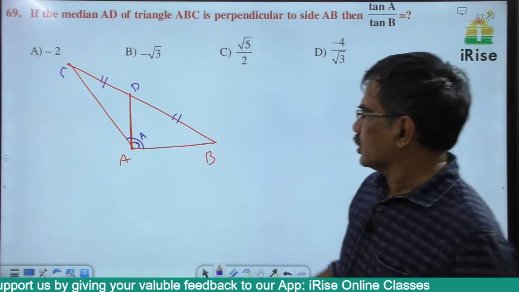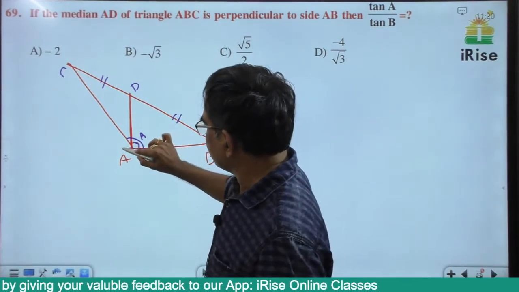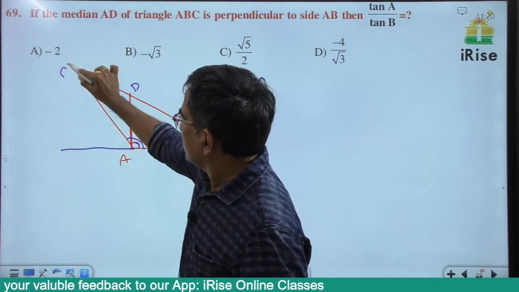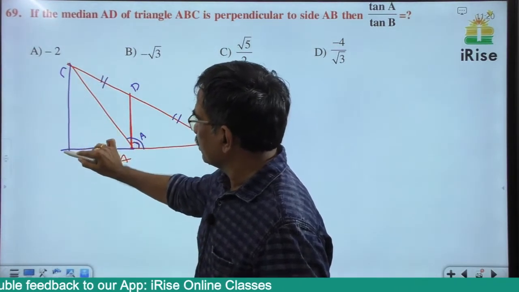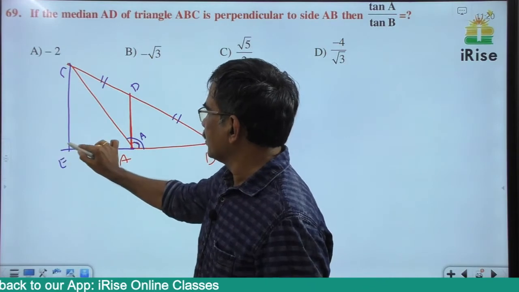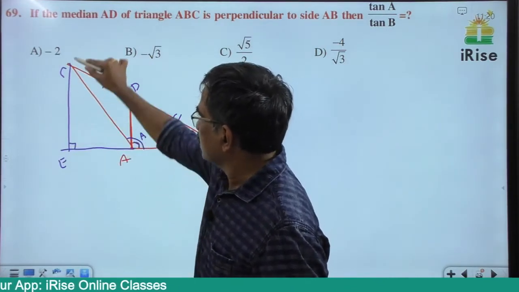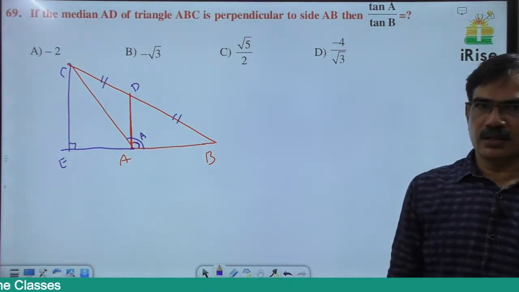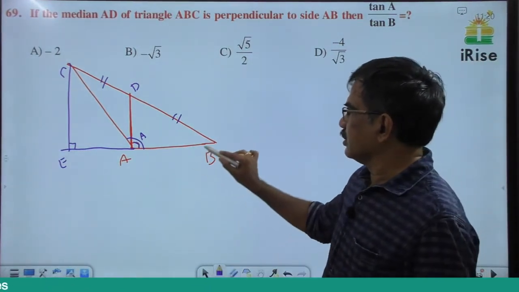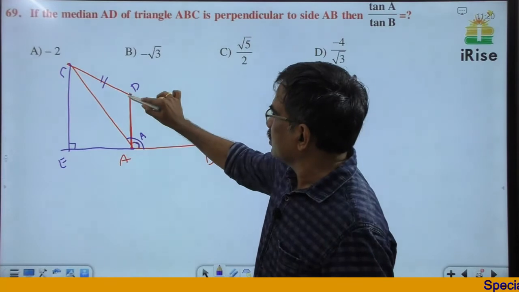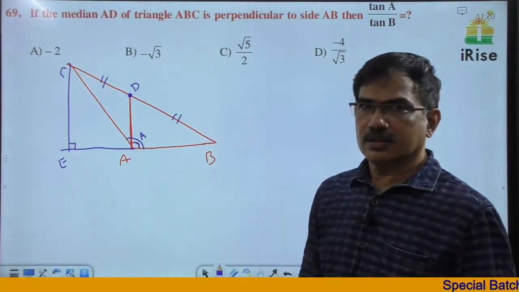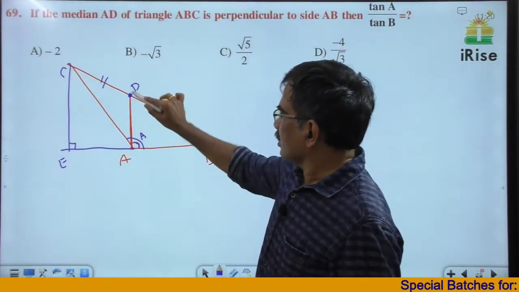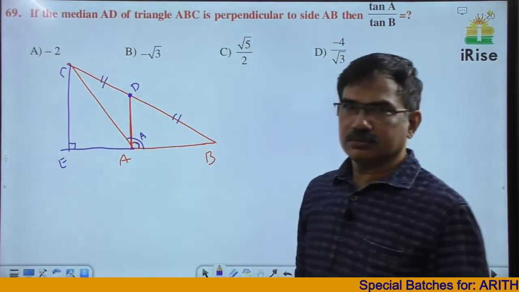To solve this question, I want to extend this line and draw a perpendicular here. Let this point be E. See carefully, this is the median, which means this is the midpoint, and this line is parallel to this line.